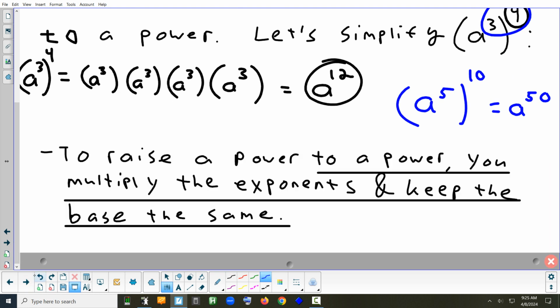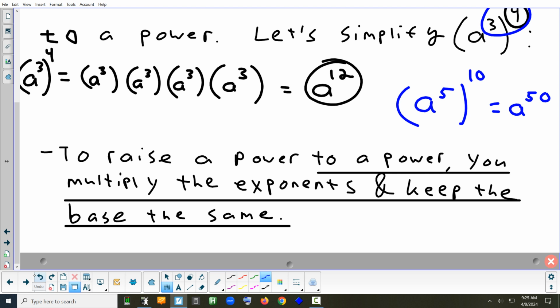Okay, so this is the second rule on your sheets where it says to raise, and then you guys have to fill in what's underlined. To raise a power to another power, you multiply the exponents, and you keep the base the same. So all the rules that we're learning this week for exponents, they're all pretty easy. It's just a matter of knowing which one to use.